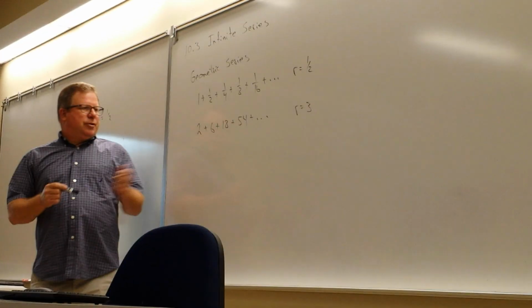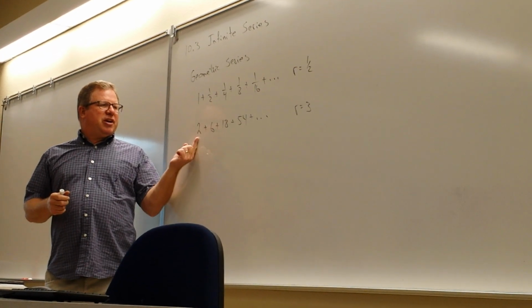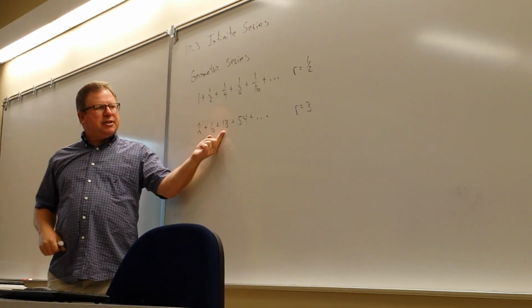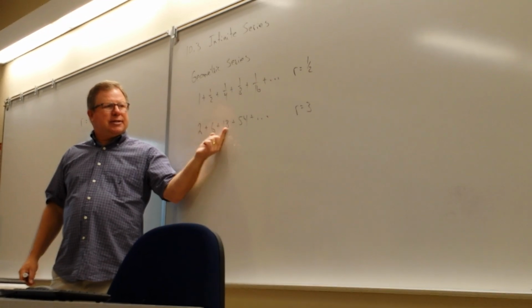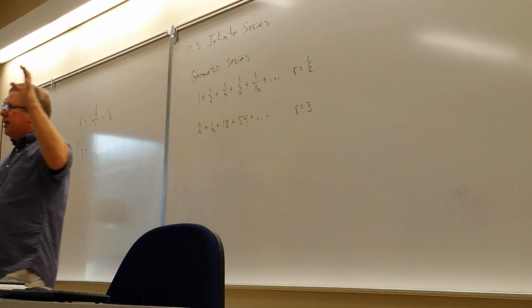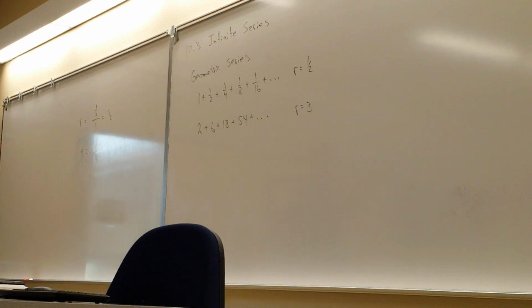So 6 divided by 2 is 3. 18 divided by 6 is 3. 54 divided by 18 is 3. Again, any two terms, take the second one, divide by the first. Any two consecutive terms, second one divided by the first, will give us that common ratio.